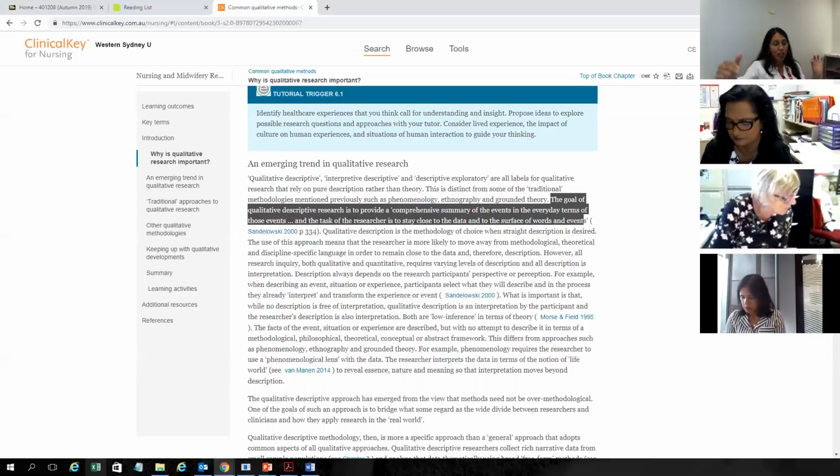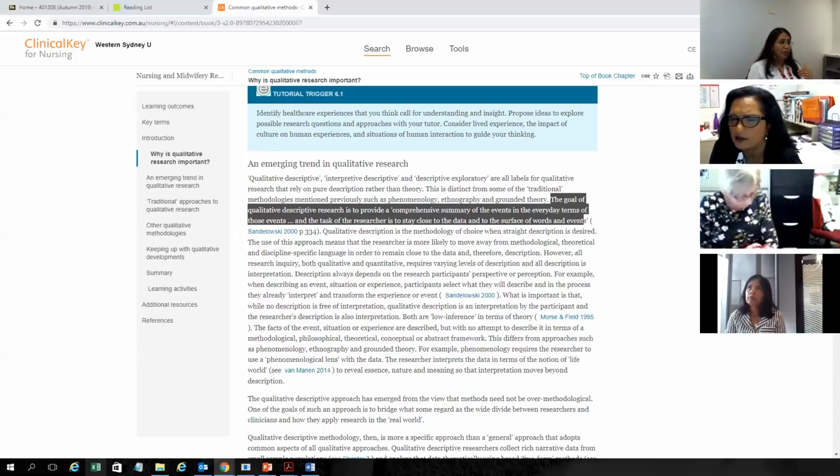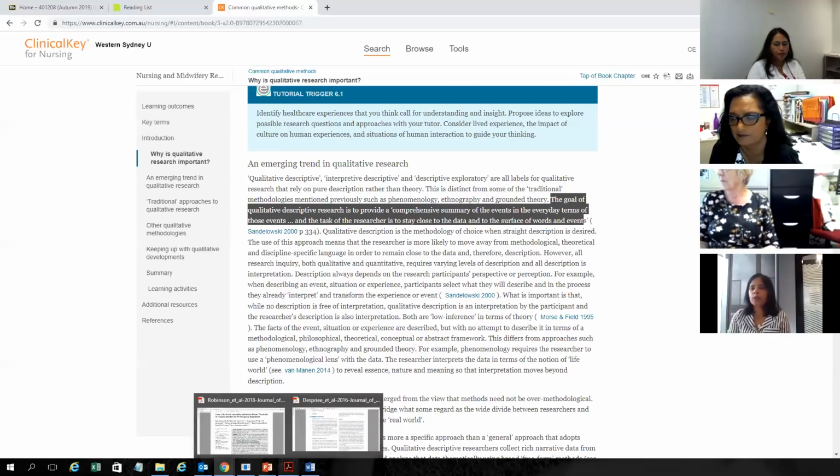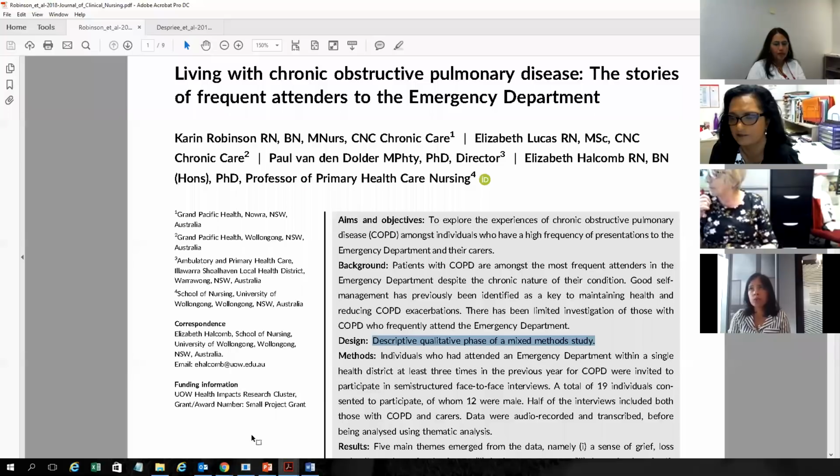Then we went to your textbook, and we read up on the different designs, and we found that RCT could perhaps be descriptive. Is that right, Rona, Shija? Yeah, so when you write the design, you identify the design from the paper, and then you come back to the textbook or maybe the other resources, and then you would connect that with the aim and then say, why was this design used?